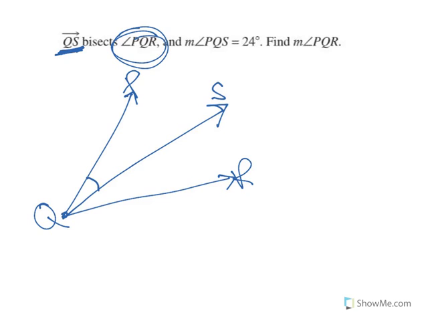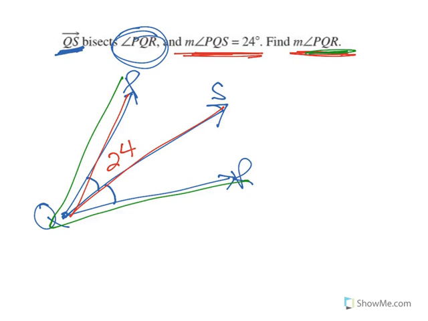So that means that this angle is congruent to this angle. And then it tells us that the measure of angle PQS is 24. And we need to find PQR. So we need to find the whole thing, okay?